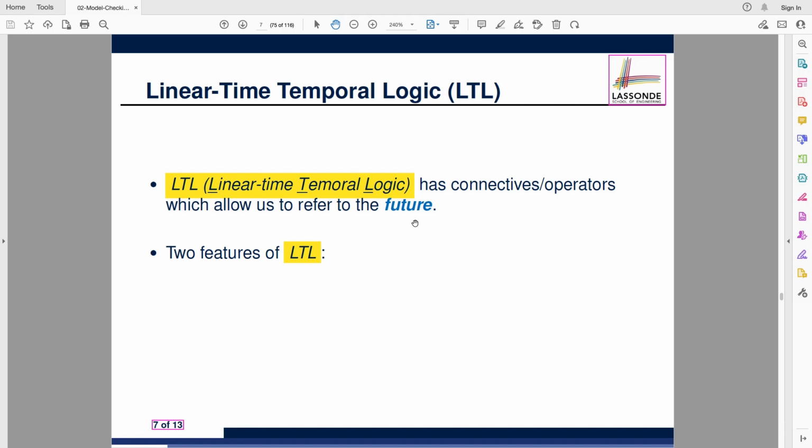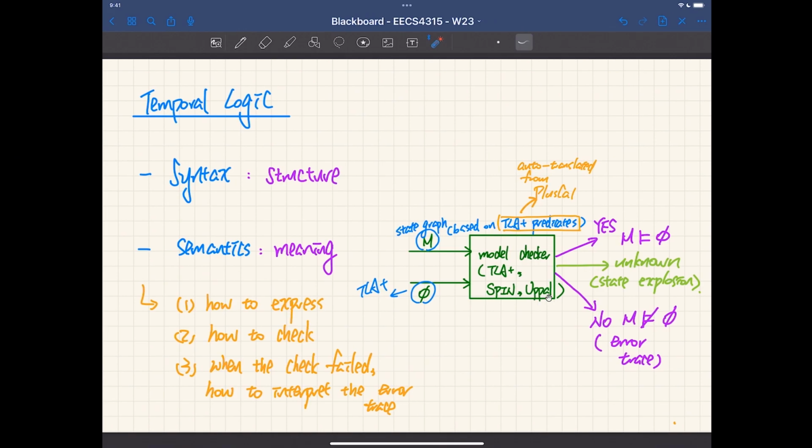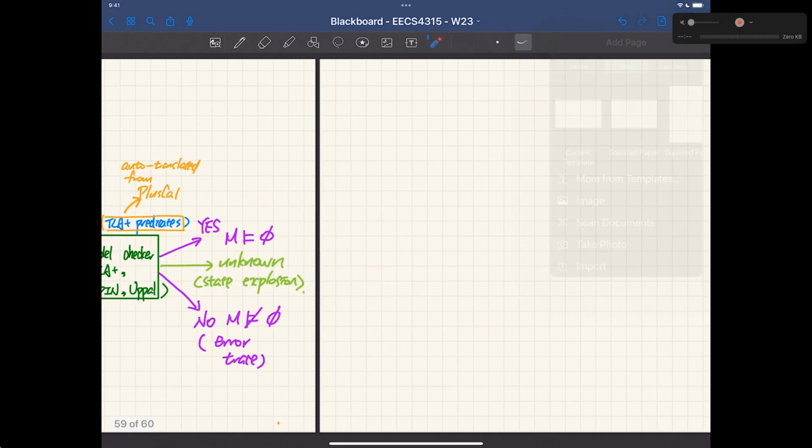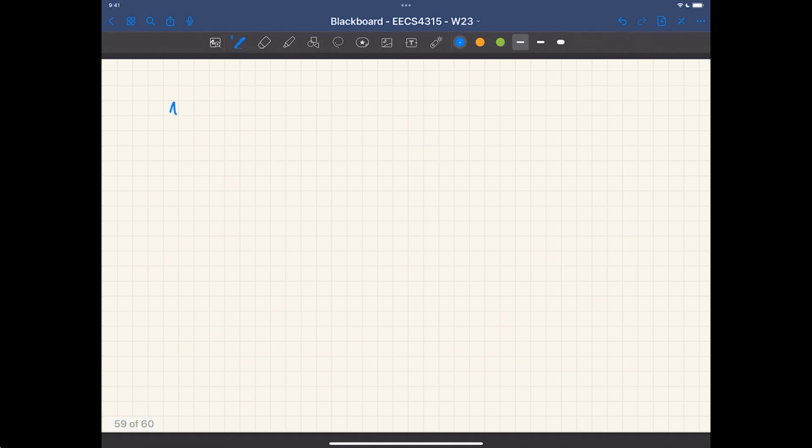So 2 features for LTL, and then we'll see the syntax. Something called computation path. Okay, it's just a definition. What does that mean? We try to model time as an infinite sequence of states. That's one computation path. Very simple. So we talk about a computation path, or just a path. You can ignore the word computation if you want to.